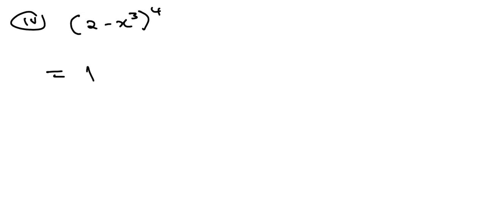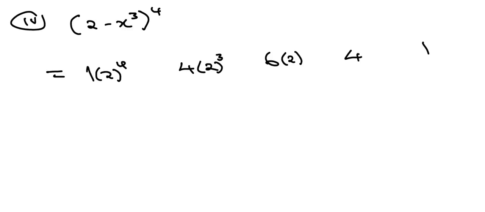So the coefficients are simply 1, 4, 6, 4, and 1 according to your Pascal's triangle. And we say the first term has to decrease. This is what we have. This is a 2, and then this is a 1.